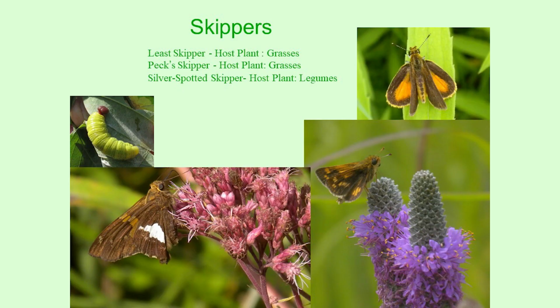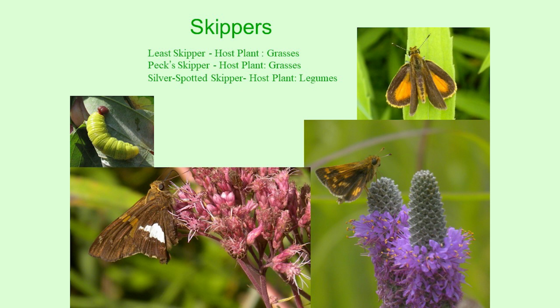And then we have a number of butterflies that we call, in Michigan, skippers. Starting from the top right is the leaf skipper, then the peck skipper, and on the bottom left is the silver-spotted skipper.